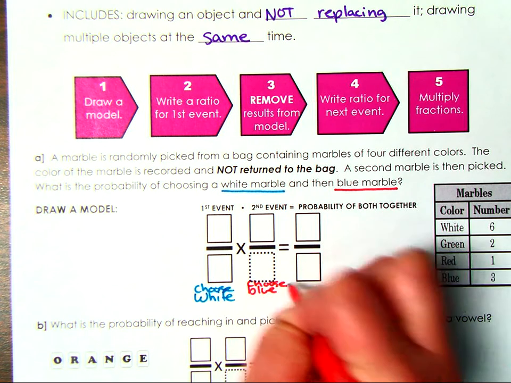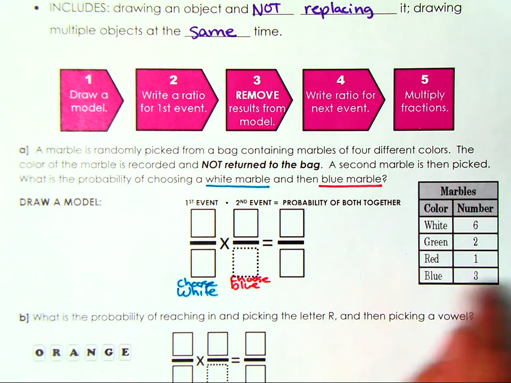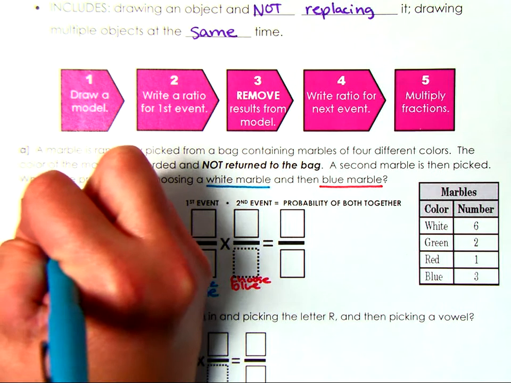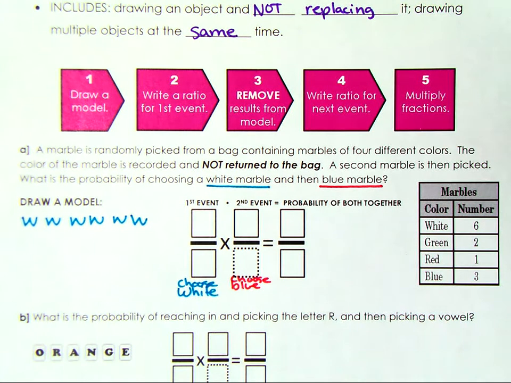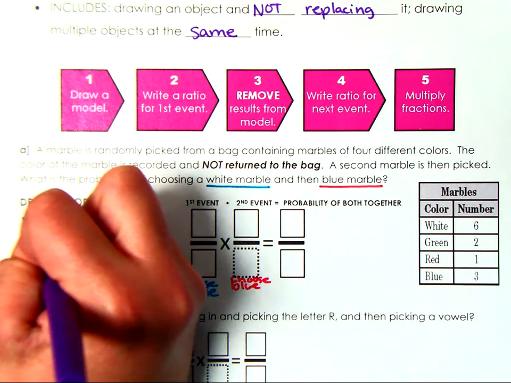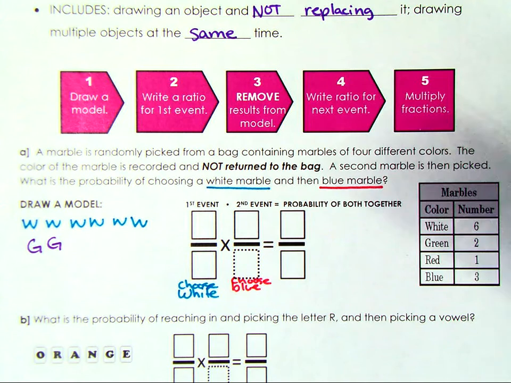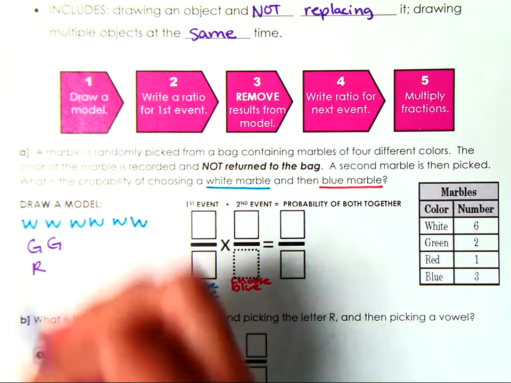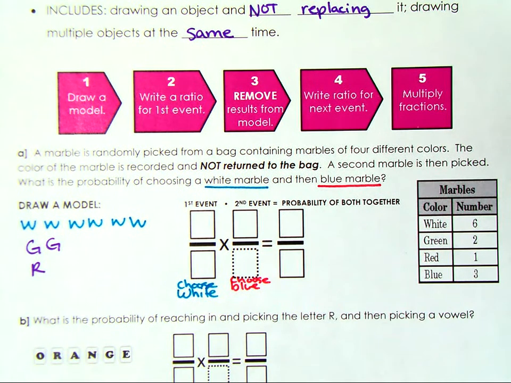Okay, so over here we have our table. If it helps you out, we have 6 white: 1, 2, 3, 4, 5, 6. 2 green. I should have used different colors for these. We have 1 red. I'm just going to keep that as this one because we're looking for white and blue, so I'll use the colors to go with that.